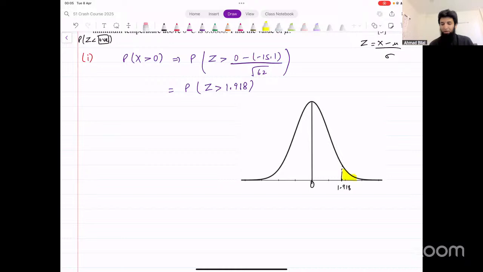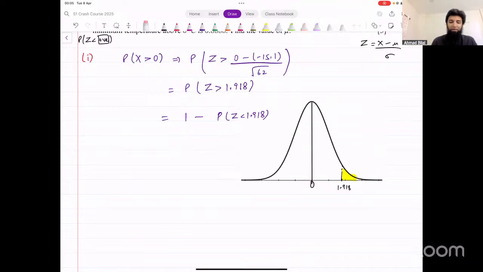Now, the table cannot give us this area. The table can only give us the area on the left side. So what we can say is, let's find the area to the left side of Z, Z less than 1.918. Subtract that from 1. All of this region, you subtract from 1, and you will get this yellow region.